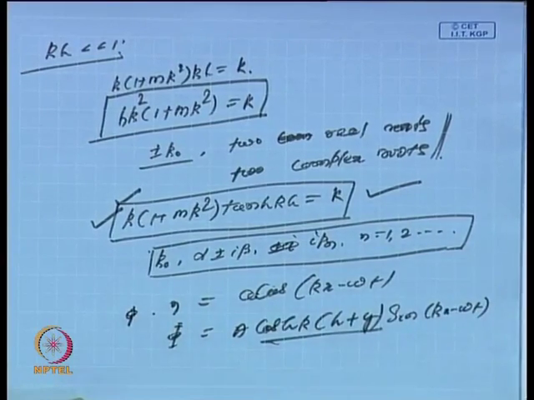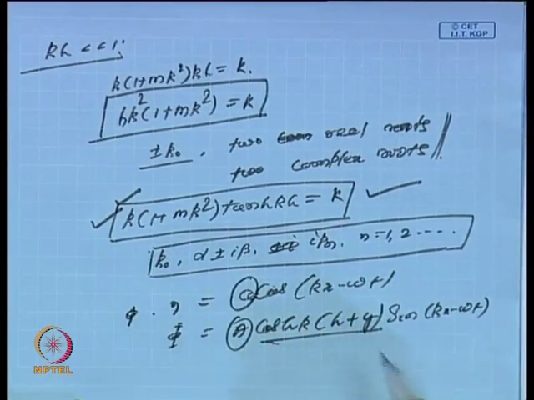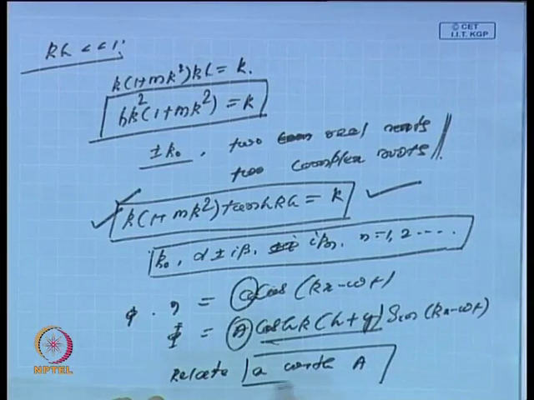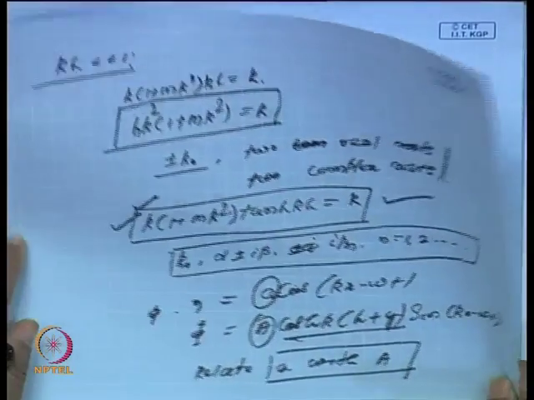Using the kinematic or the dynamic condition, we can easily get a relation between small a and capital A, and I leave this as an exercise. Relate a with A. It is a simple exercise which can be derived easily.